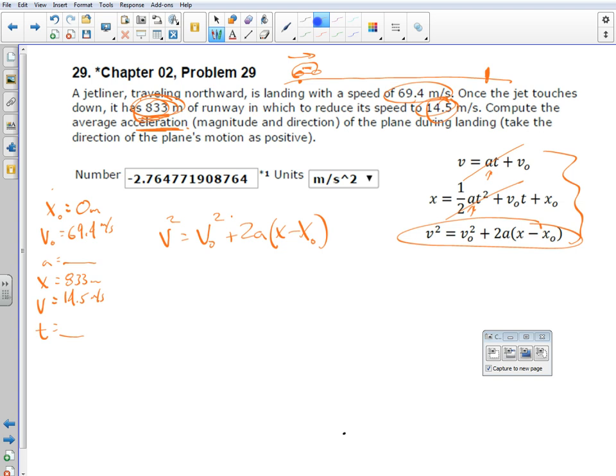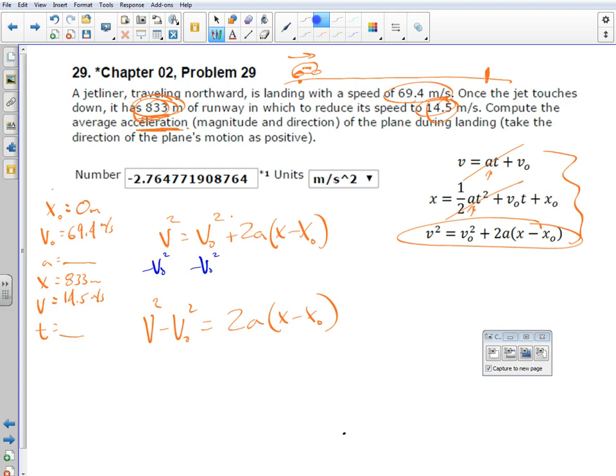Okay. So we'll solve it for the variable that we need. We want to know the acceleration. The first thing we're going to do is subtract v0 squared from both sides. That's going to leave me with v squared minus original velocity squared equals 2 times a times x minus x sub 0.